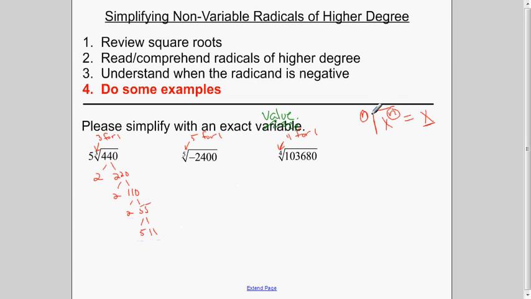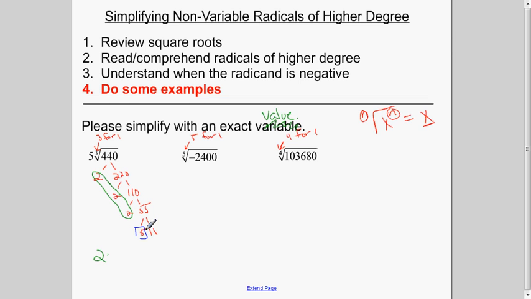Well, when I'm doing the cube root, I need to find 3 factors that are identical. So instead of doing 2 for 1, I'm going to do 3 for 1. So I've got 3 factors of 2. So I pull the 2 outside the cube root. And then I've got a remaining factor of 5 and 11.